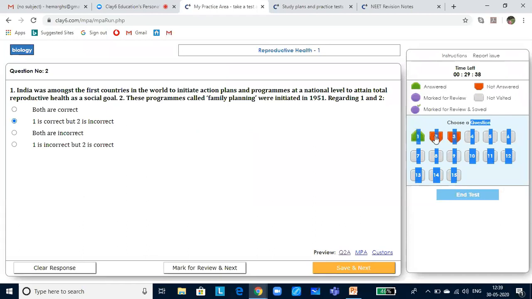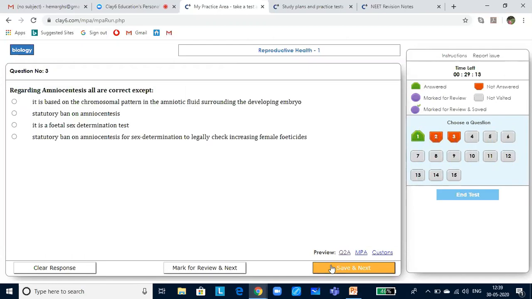Sorry, let's go to the second one. India was amongst the first countries in the world to initiate action plans and programs at a national level to attain total reproductive health as a social goal. True. The program called family planning was initiated in 1951. Yeah, both are correct. MTP was legalized in 1971.